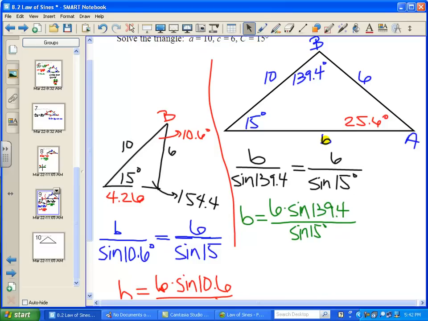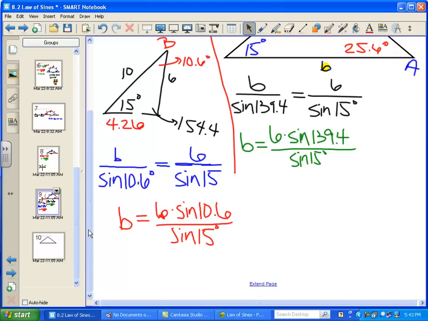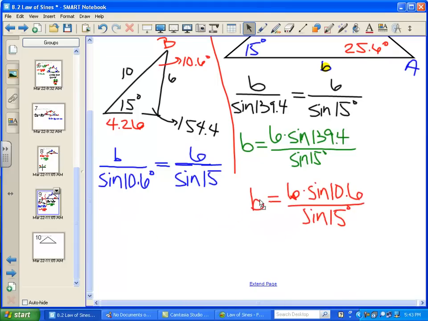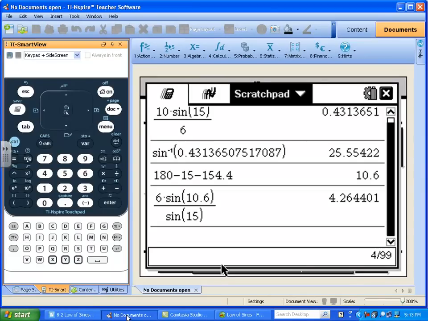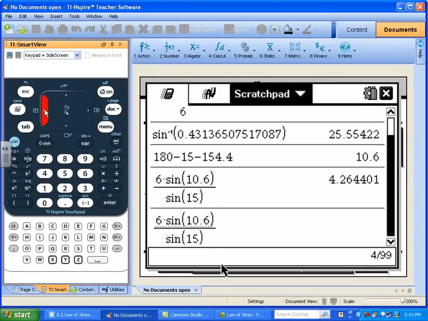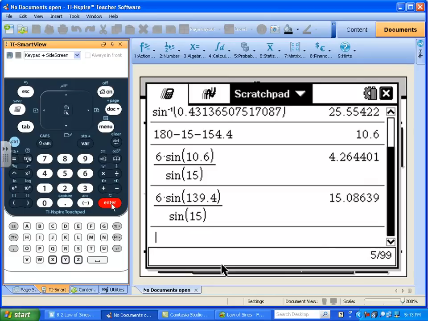That looks really familiar because it looks exactly like this other equation that we set up right here. And lucky for us, it's already in the calculator. I'm just going to go back, grab it, and change that angle measure to 139.4, and hit enter, and that gives us 15.09.